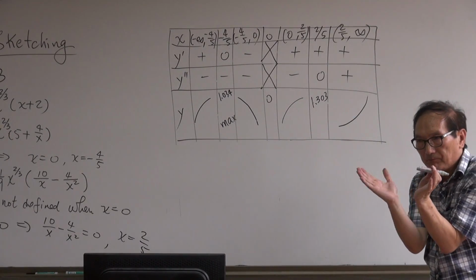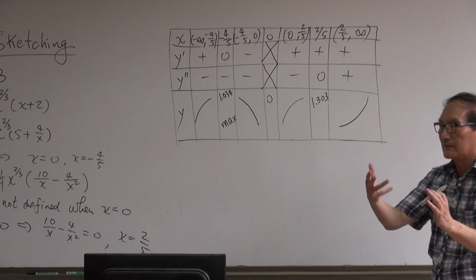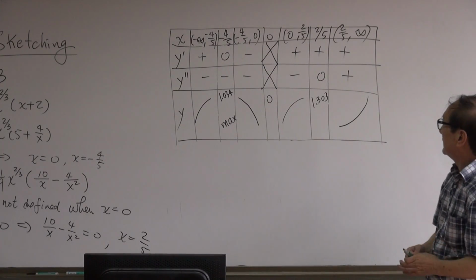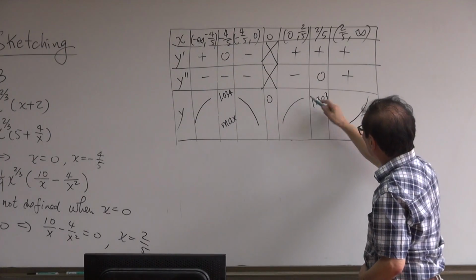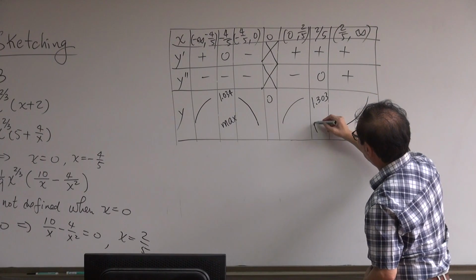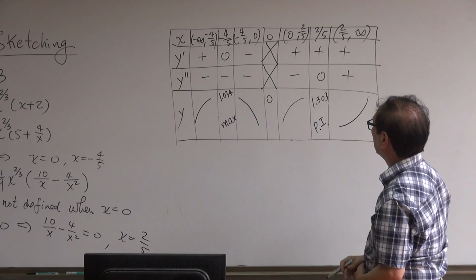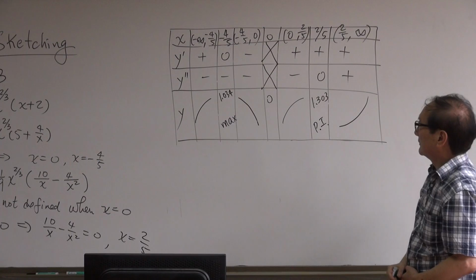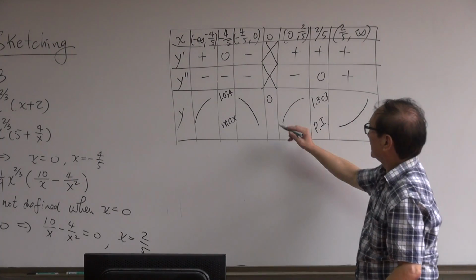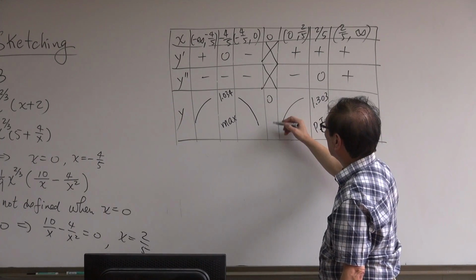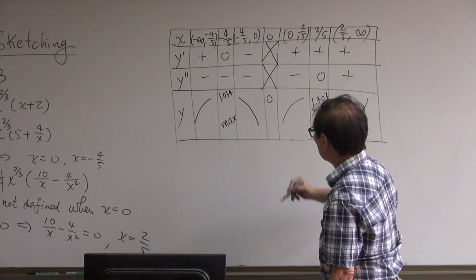Both sides must be equal for the derivative to be defined. And here, increasing and increasing like this is the point of inflection. The derivative does not exist, but the function does exist.